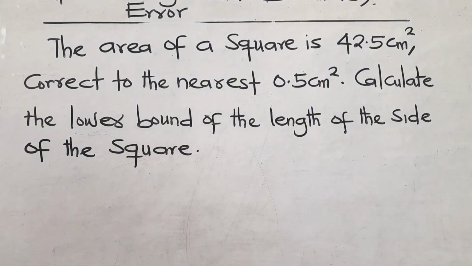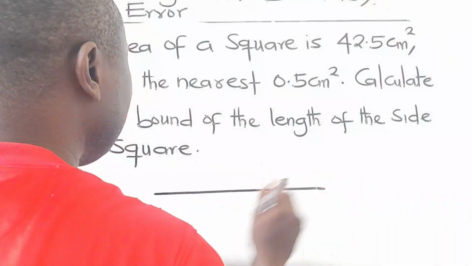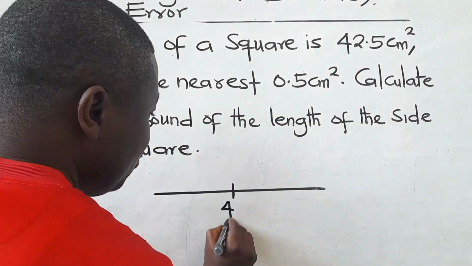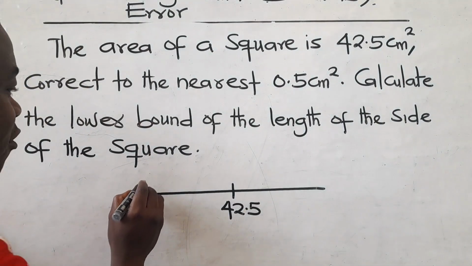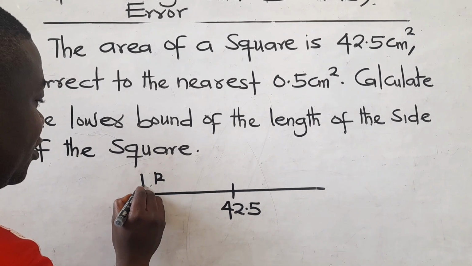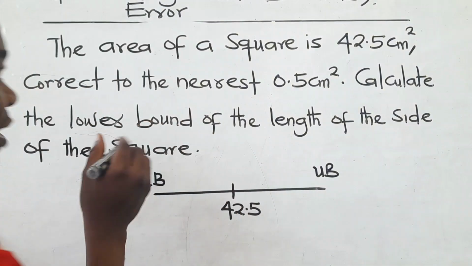Now let's see this. This is the square. If this is the area, such that this is 42.5, it means this is the lower bound and this is the upper bound. The difference is 0.5.